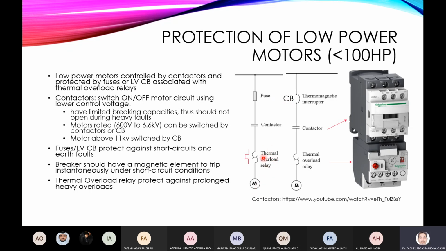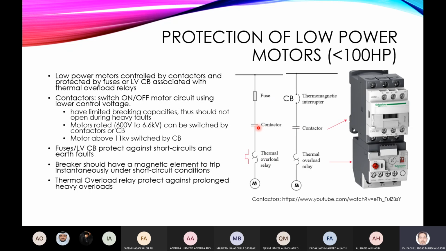The thermal overload provides the protection for overload conditions, so that you don't exceed the thermal limit. And the contactor here is used as a switching device.